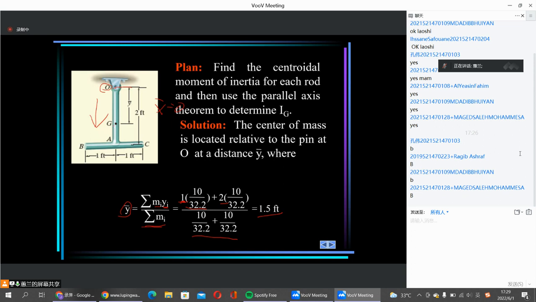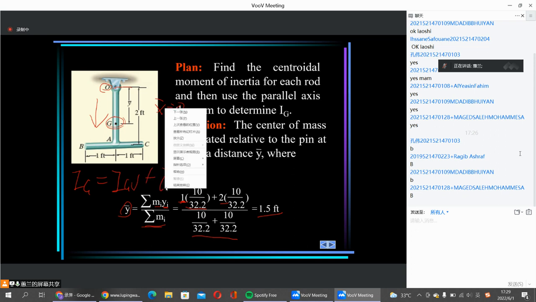And then we need to calculate the mass moment of inertia about G. How to calculate it? About the mass center G, the total mass moment of inertia of the assembly will equal Ig vertical plus Ig horizontal, right?